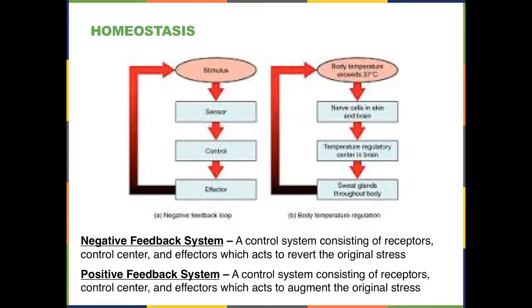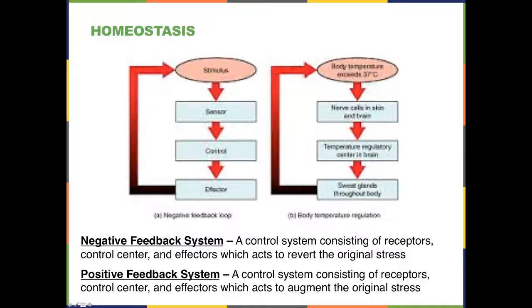The other type is called a positive feedback system. In this situation, whatever the stress is, it's considered desirable and it will seek to augment that stress. Now, this is a lot less common. But what you see here are two examples of a negative feedback loop. In this case, it's the general loop. Over here is just the body temperature.